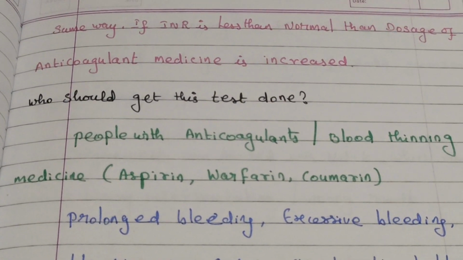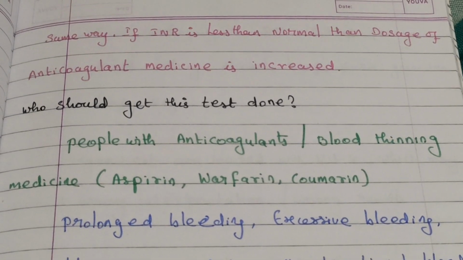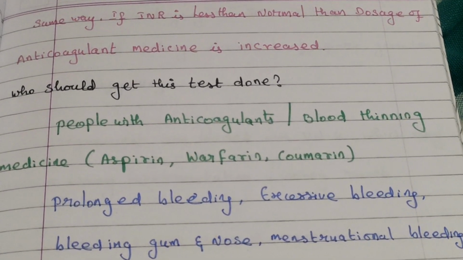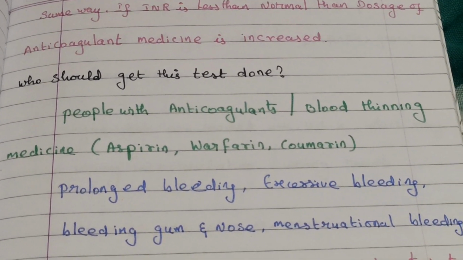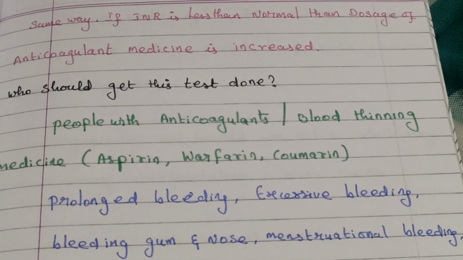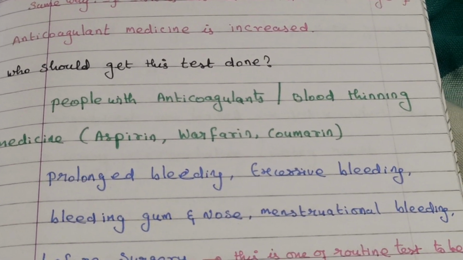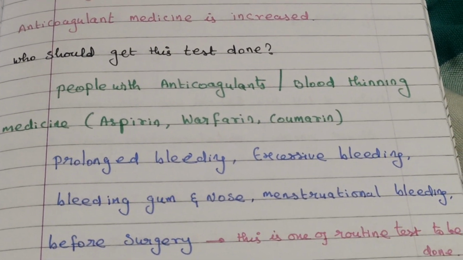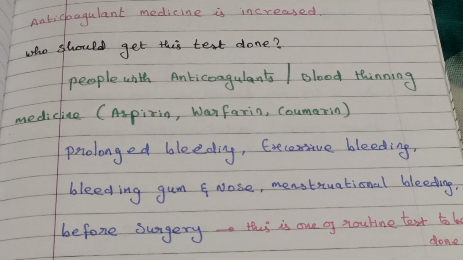Next, who should get this test done? Generally, people on anticoagulant or blood thinning medicine like aspirin, warfarin, coumarin, and people with prolonged bleeding, excessive bleeding, bleeding in the gums, nosebleeds, menstrual bleeding, and also before surgery.